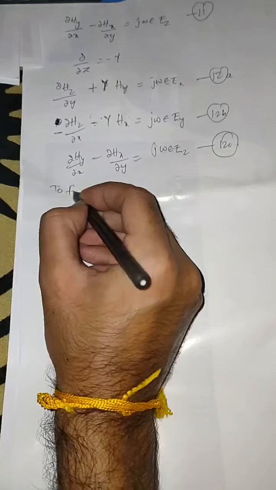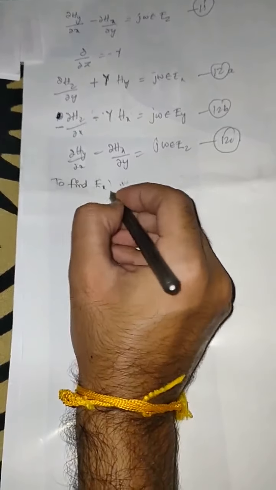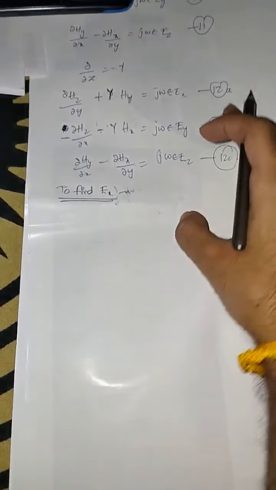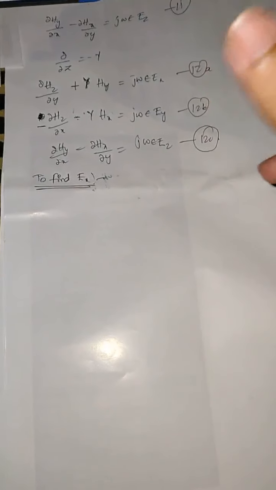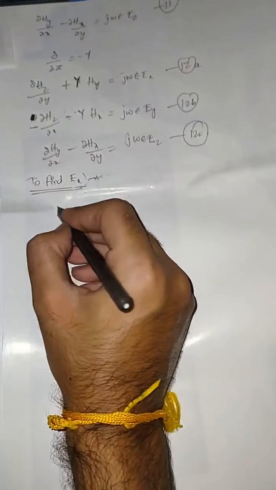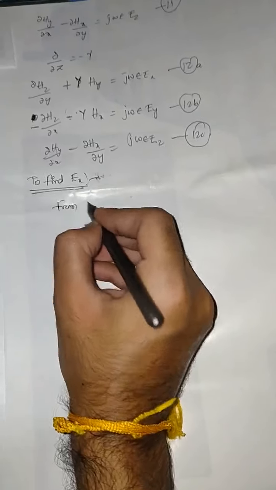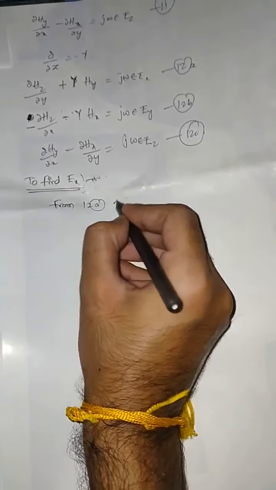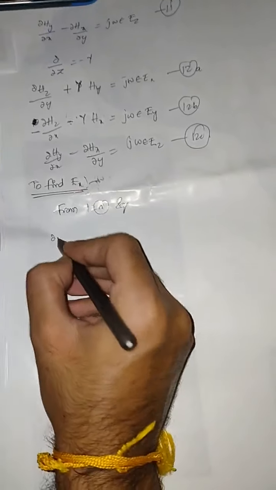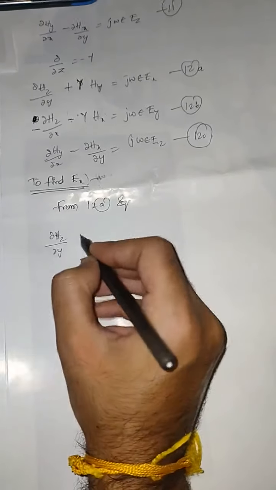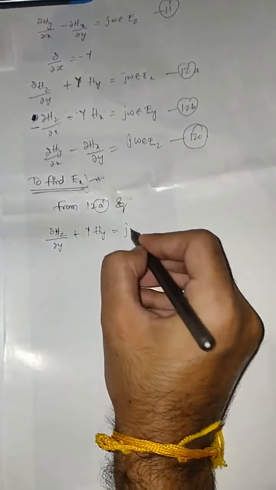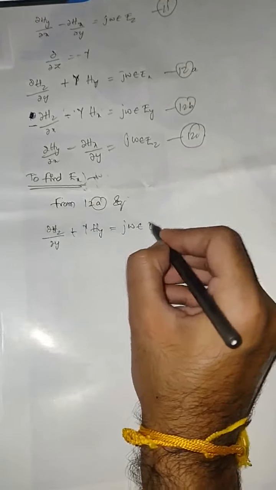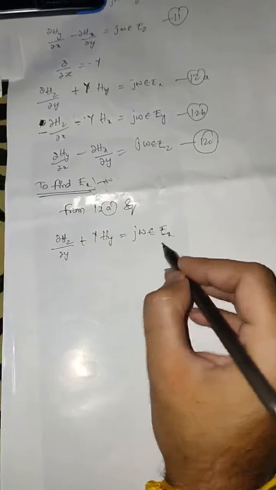Now to find the Ex value using these equations, take the 12a equation, find out the value of Hy first, and that value is substituted in the 7th equation. So from the 12a equation, ∂Hz/∂y plus gamma Hy is equal to jωε Ex.